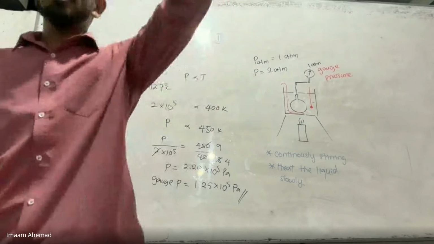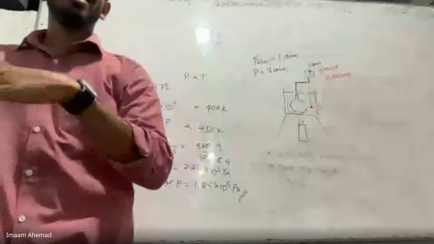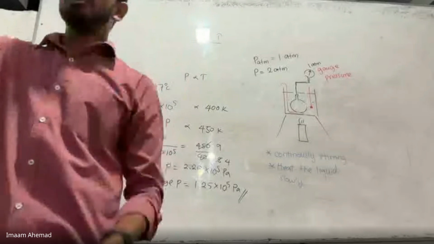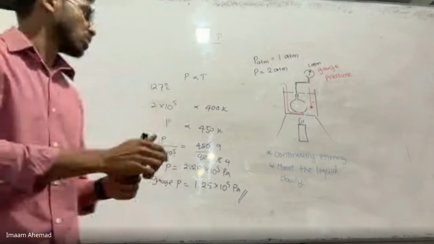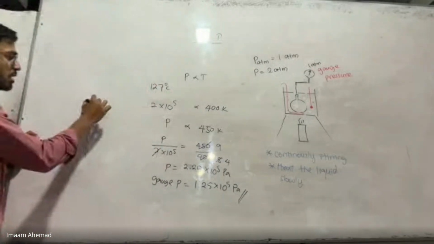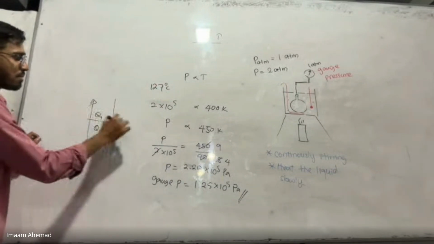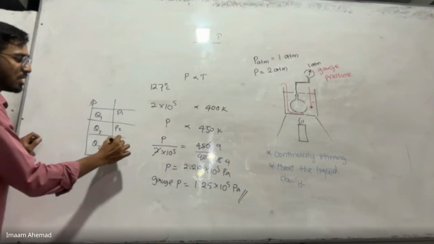When we are decreasing the temperature, once again we can measure the pressure at that temperature. So when going up at theta 1, theta 2, theta 3, we will measure the pressure T1, T2, and T3.